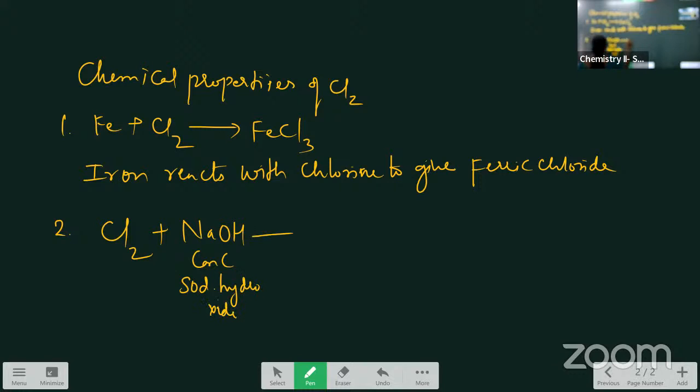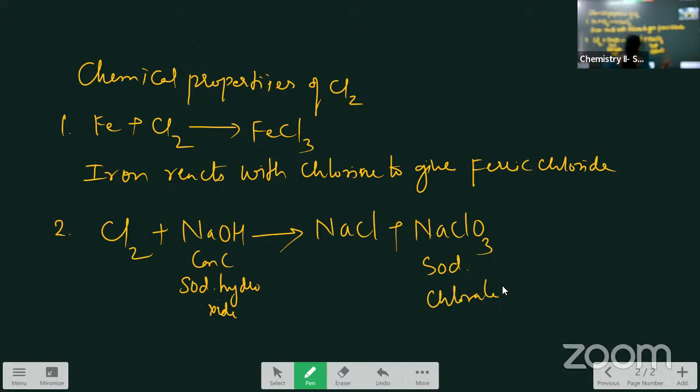Okay. So this will give rise to NaCl, sodium chloride, plus NaClO3. This is sodium chlorate. So when Cl2 reacts with concentrated NaOH, it will give sodium chloride and sodium chlorate.